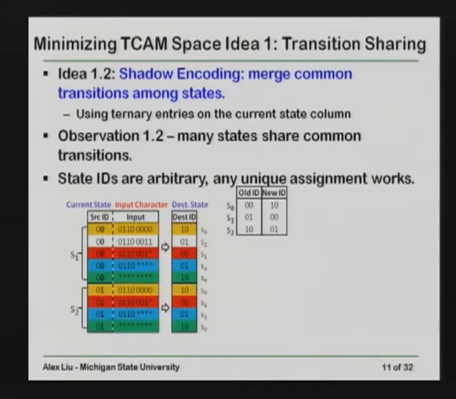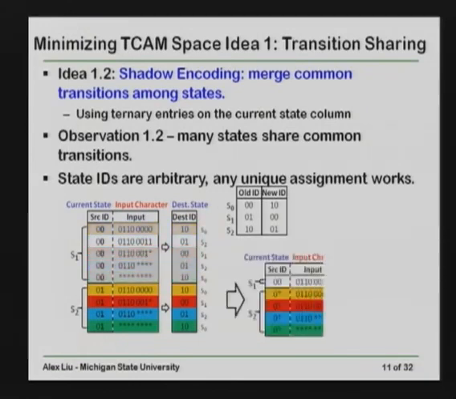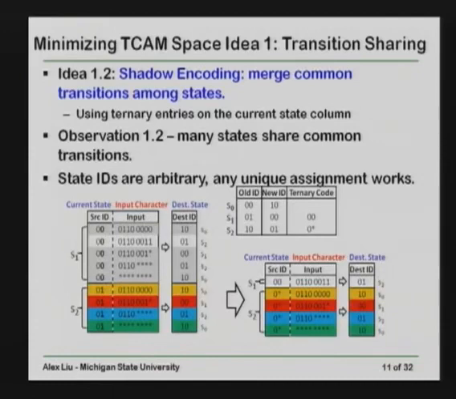So if we replace the source ID field in the S2 table by 0 star, 0 star only matches 0, 0 and 0, 1. If we replace that, then we can remove all these entries from table S1. You can see this is the result of removing those entries from state S1.